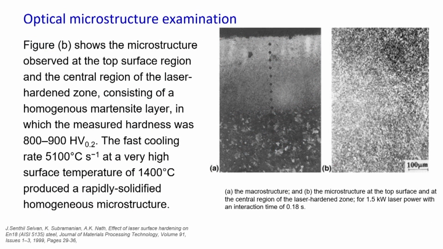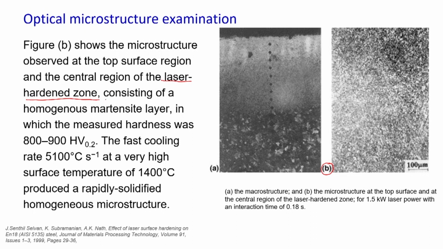Now, let us look at figure B. It shows the microstructure observed at the top surface region and at the central region of the laser hardened steel, where the laser was applied.